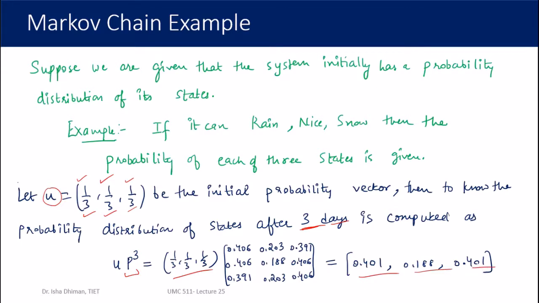That means after 3 days, on the 4th day, there will be 0.401 probability of rain, 0.188 probability of the weather being nice, and 0.401 probability of the weather being snowy. So that's another kind of calculation which you can do.